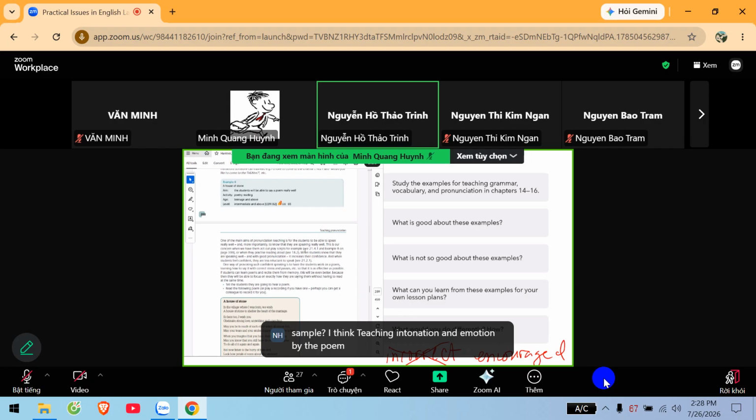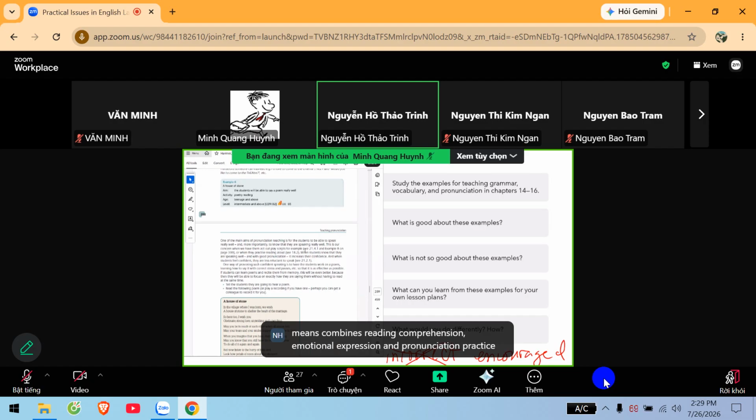The first one is using the House of Stone poem to explore how intonation and stress convey mood, emotion, and pronunciation. It is an integrated skills approach. This means it combines reading comprehension, emotional expression, and pronunciation practice.